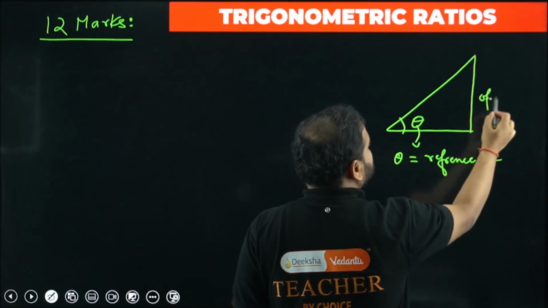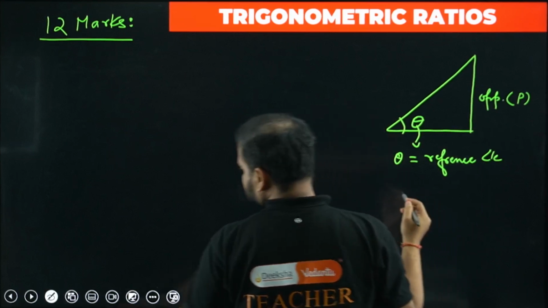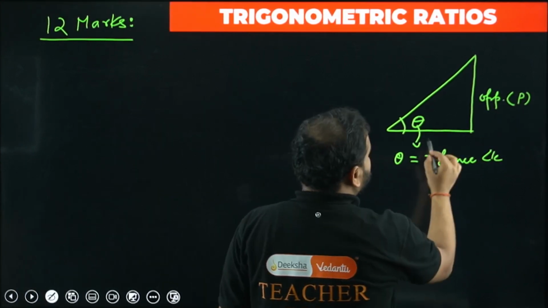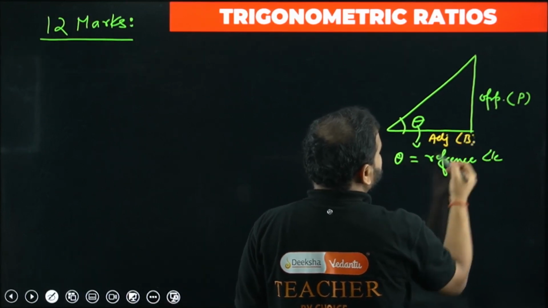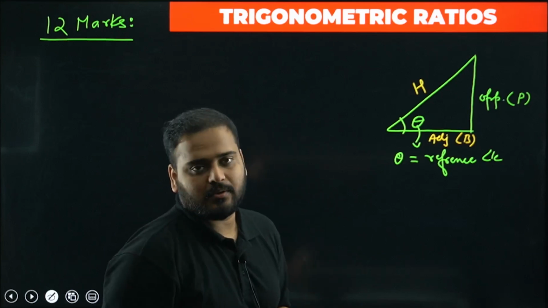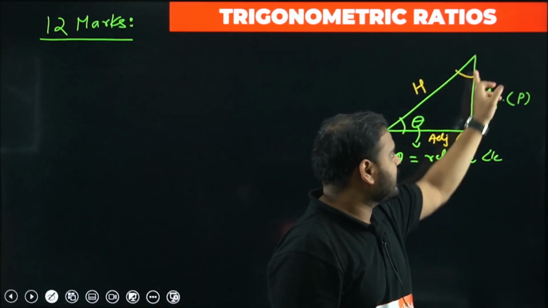This becomes opposite, sometimes we also call this perpendicular. The other side becomes adjacent, or sometimes we also call this base, for this reference angle. And this, know very carefully, is the hypotenuse. Now if I change the reference angle from here to here, then what will happen?